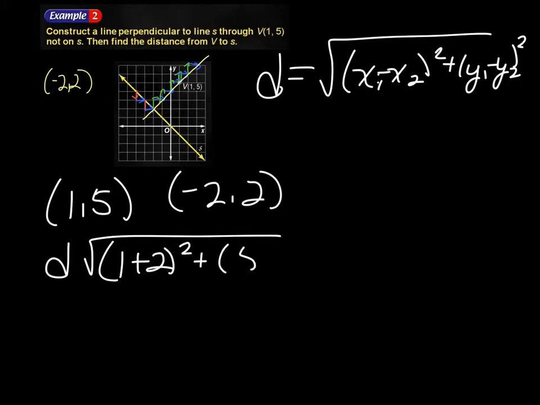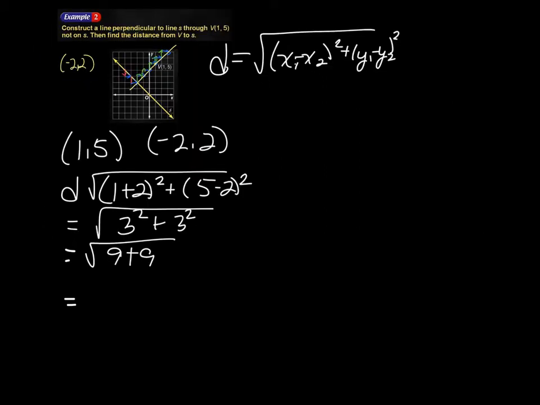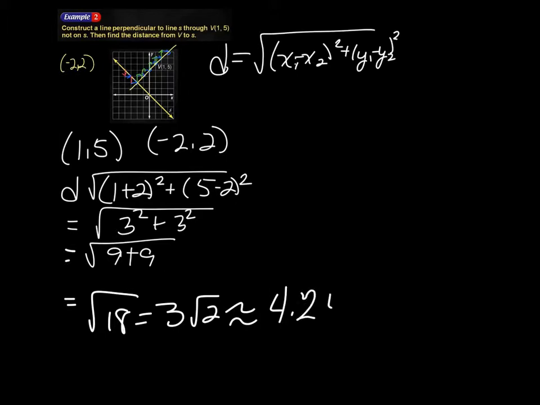Difference in the y's, 5 minus 2 squared. So 3 squared plus 3 squared is 9 plus 9, which is the square root of 18, which we could simplify to 3 square root of 2, or as a decimal rounded to the nearest hundredth, it's about 4.24 units.